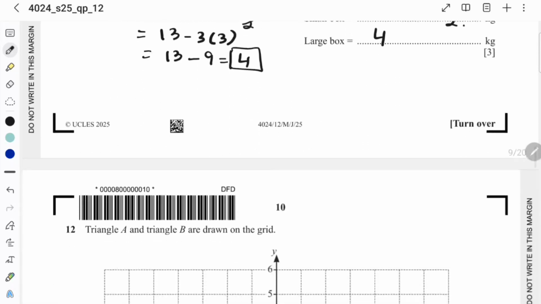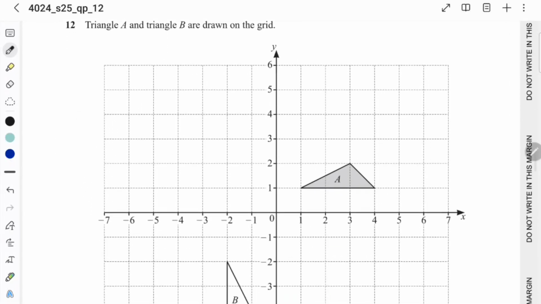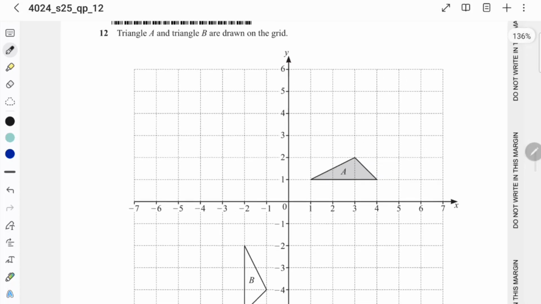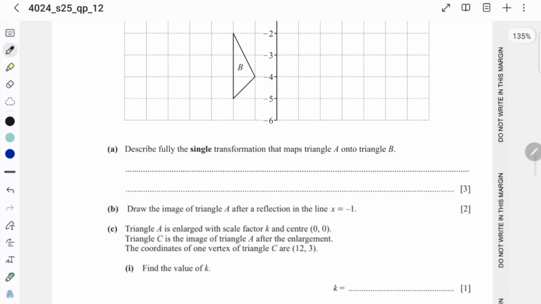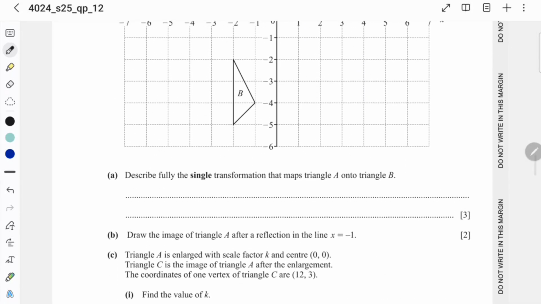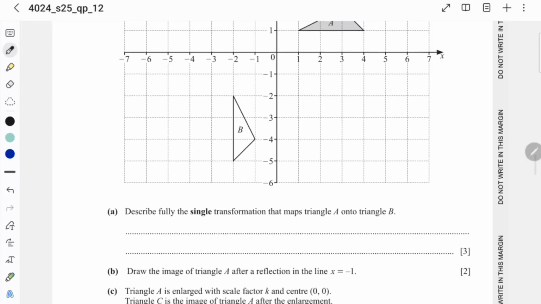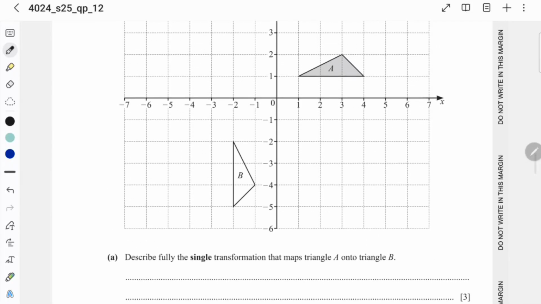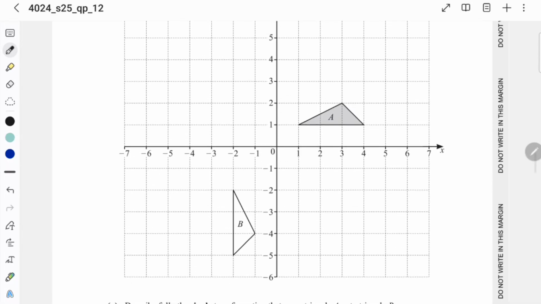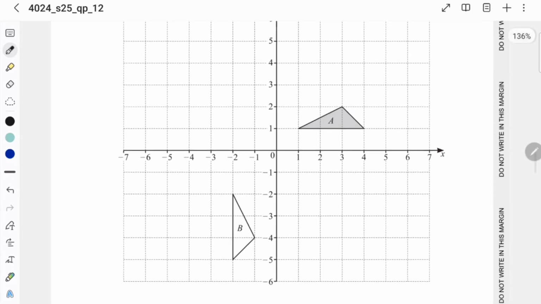Now we are moving to the next question, question number 12, transformation question. Triangle A and B are drawn on the grid. Describe fully the single transformation that maps A onto B. What happened? We just draw the line. If they are parallel, that can be reflection, because translation is not possible otherwise.